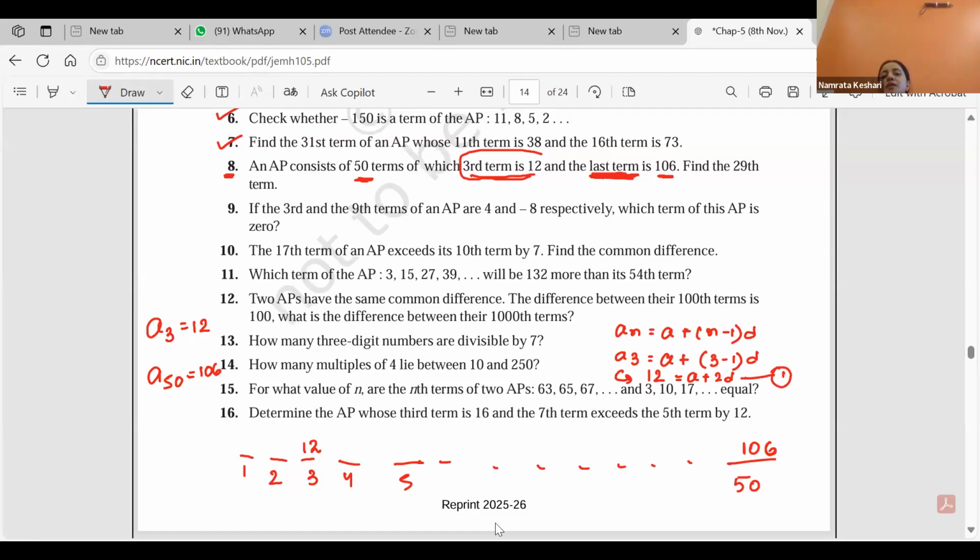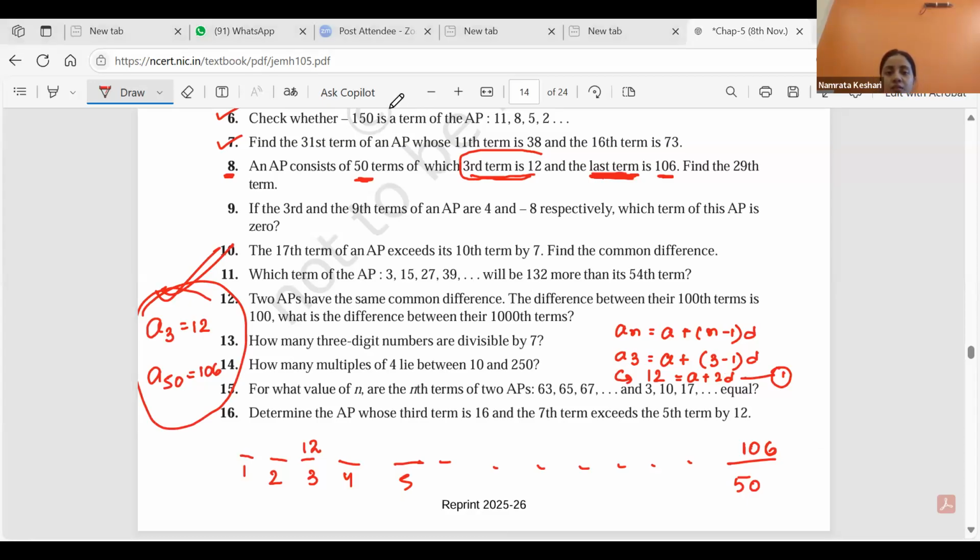Are you able to create this type of equation by yourself just after reading and understanding this much? Yes, Bharti, Rayan, Afreen, Samya, Sarah. After just getting that A3 is 12 and A50 is 106, will you be able to create the equation?